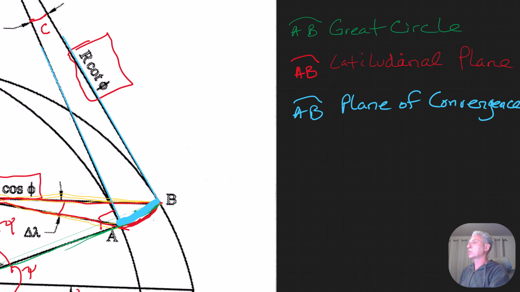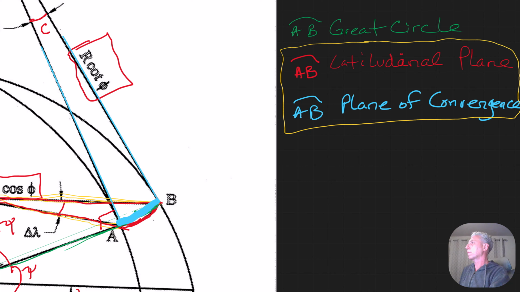And what we're most interested in are these two. Now, those two arcs are not exactly equal. There's no reason to think they'd be exactly equal.